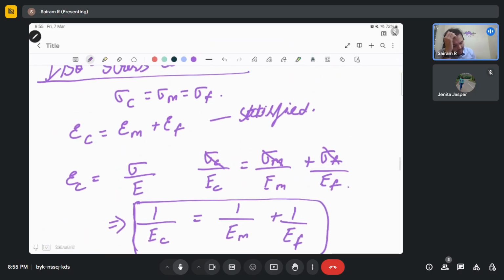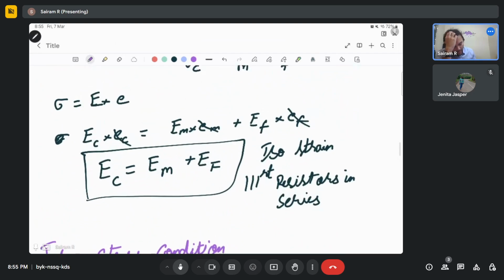The main thing that I left out in all these things is that we should always consider the volume fraction of my matrix and the volume fraction of my reinforcement.